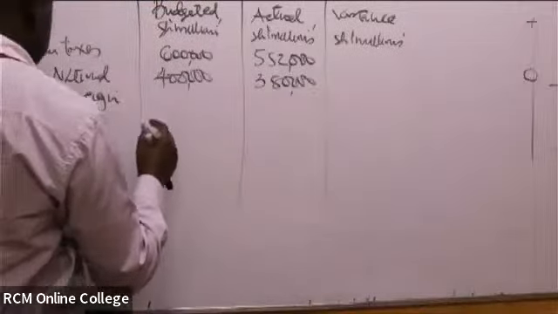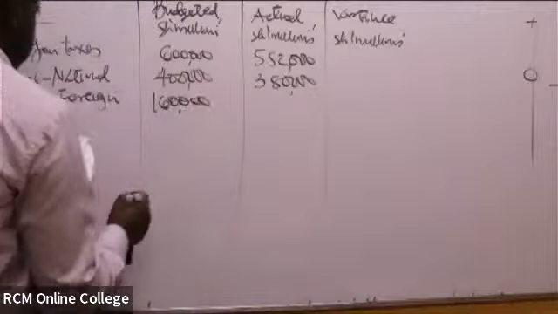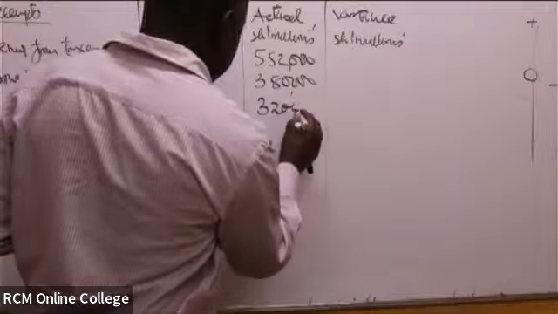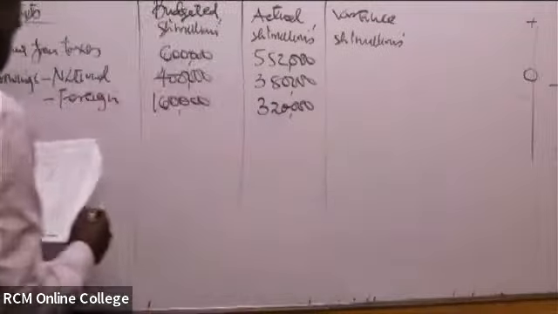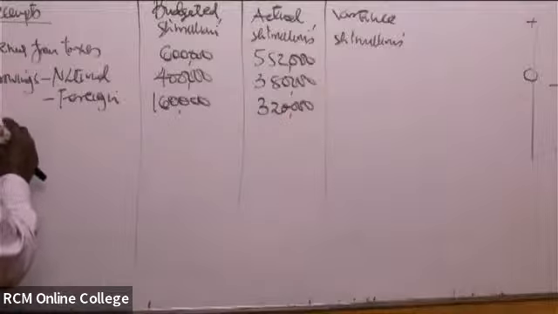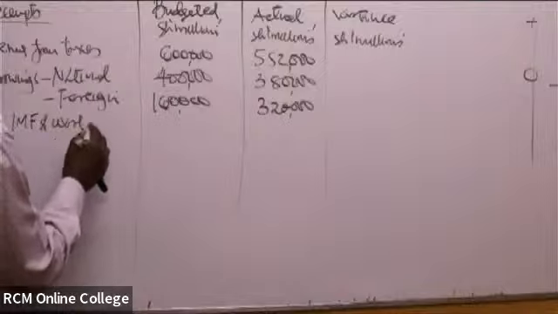For foreign, they were anticipating they'll borrow 160 billion from the foreign markets, but they actually ended up getting 320 billion. Grants from IMF and World Bank.